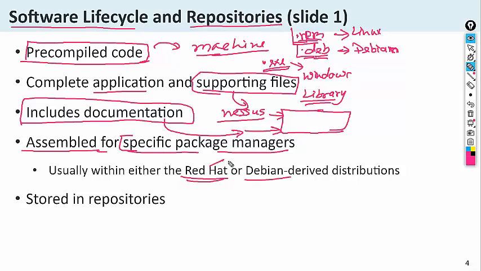So Red Hat examples are RHEL, CentOS and Fedora. But in Debian, there are Ubuntu, Kali Linux and much more. And this software is stored in the repository.